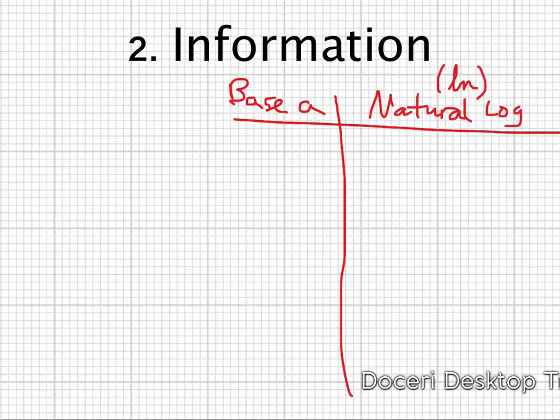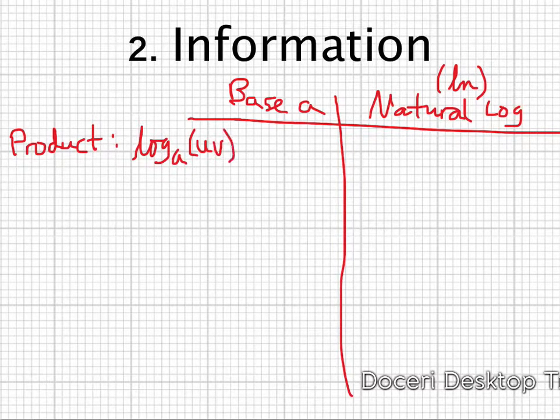So we have the product property. Basically, it sounds exactly what it sounds like. You're going to be multiplying things, but what you're multiplying is inside the log. So if we have log base a of uv, that's going to be the same as log base a of u plus log base a of v.